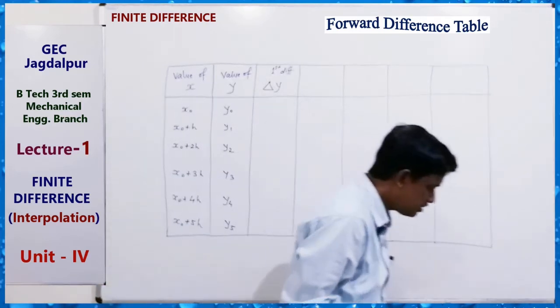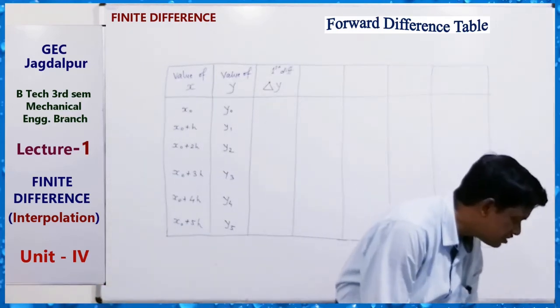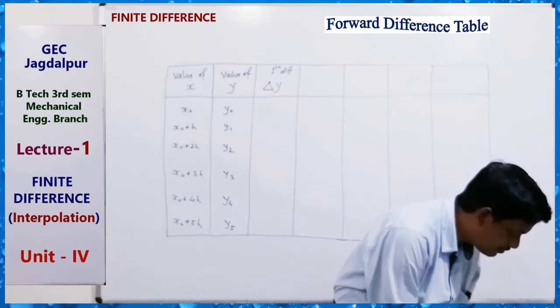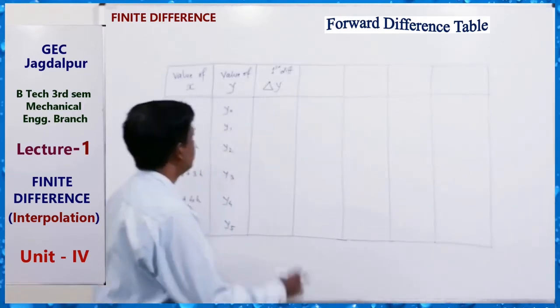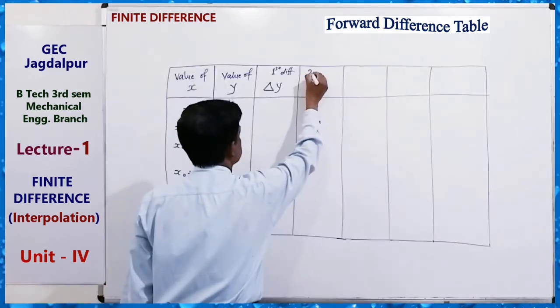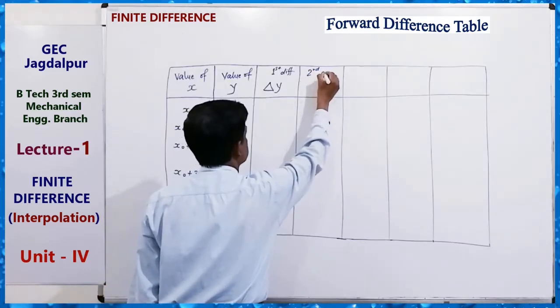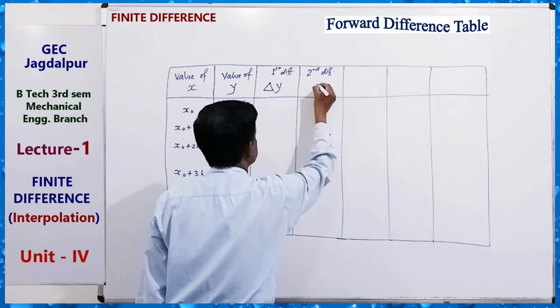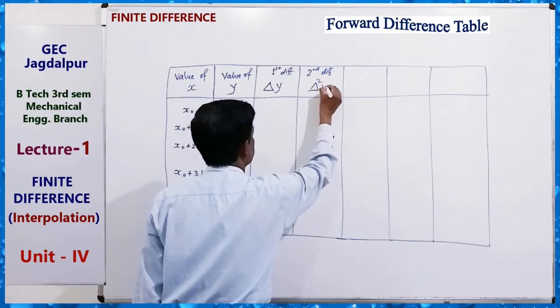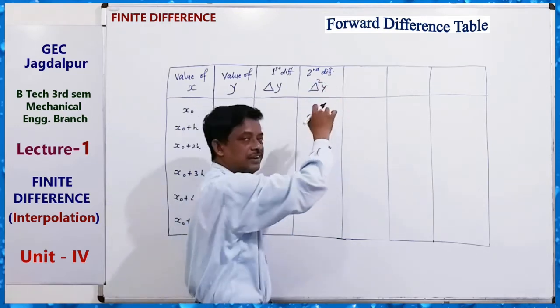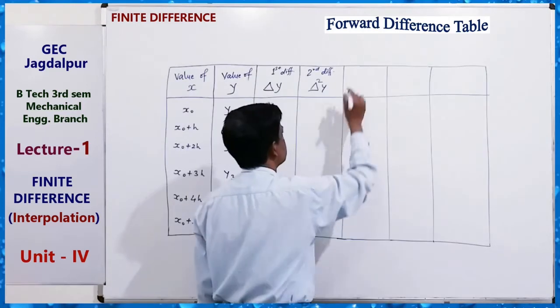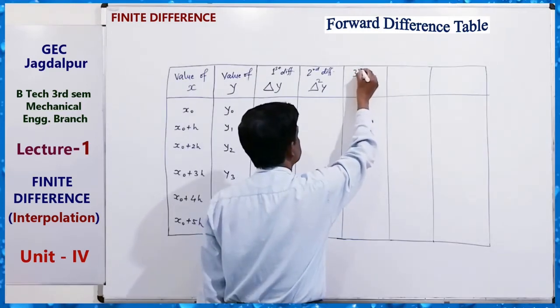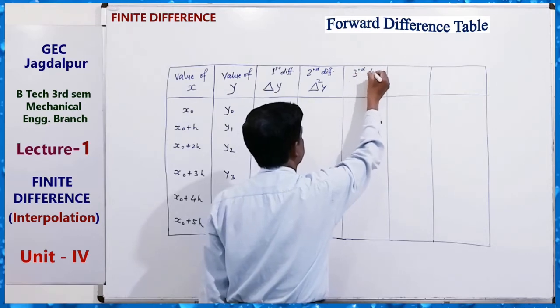So here we write the differences like this. Clear? Del y. Here also the second difference. Second difference means del 2 y, written with an index and suffixes. Third difference.